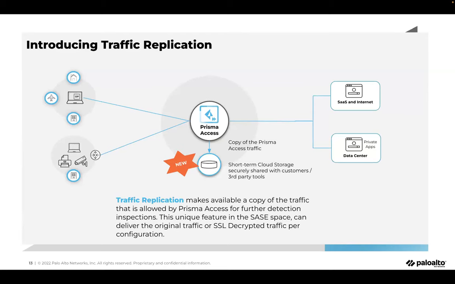So instead of a stream of packets like you would be used to in a legacy architecture with a span or tap port, this copy of the traffic will come in a slightly different fashion here. But again, very standard. It's going to be a series of PCAP files that you can access in a bucket. Again, very standard way of interacting with any cloud provider.